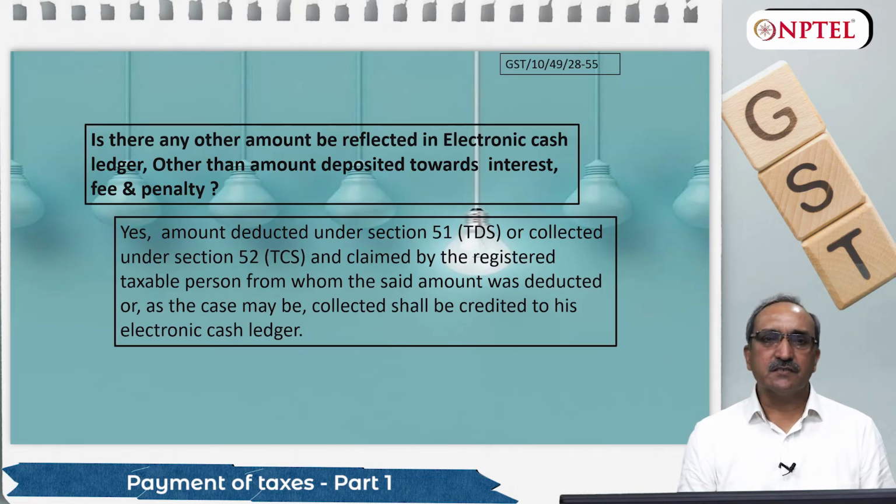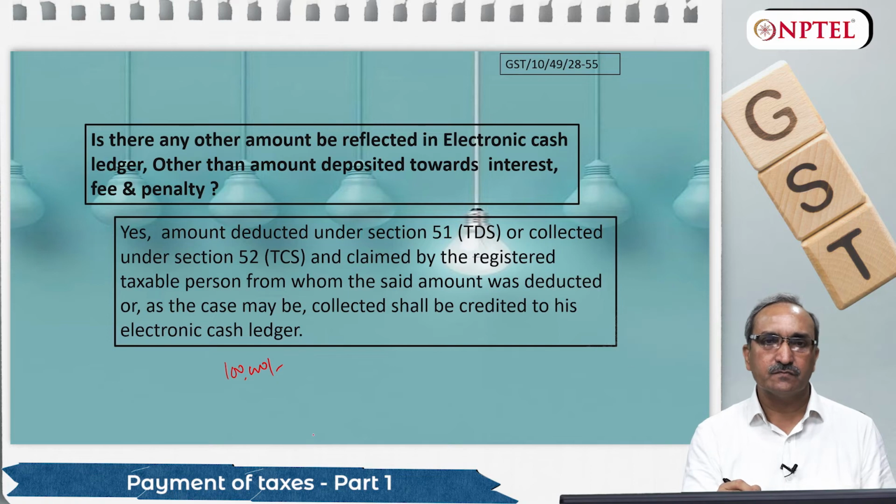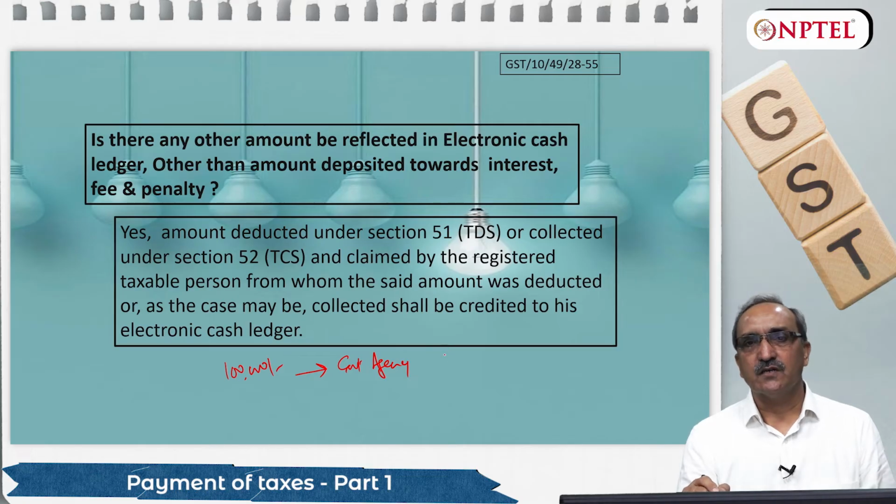So it happens in business and GST also. If you are a supplier and you sold goods worth 1 lakh rupees to a government agency, because TDS and TCS under GST is applicable only where the buyer is a government agency. Sections 51 and 52 deal with the provisions of TDS and TCS.